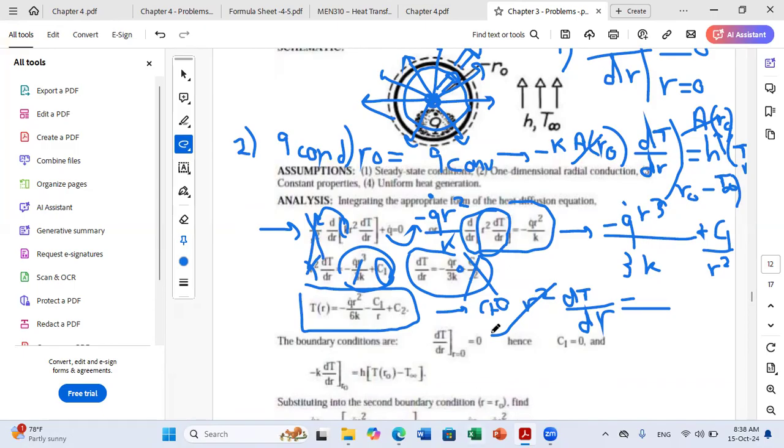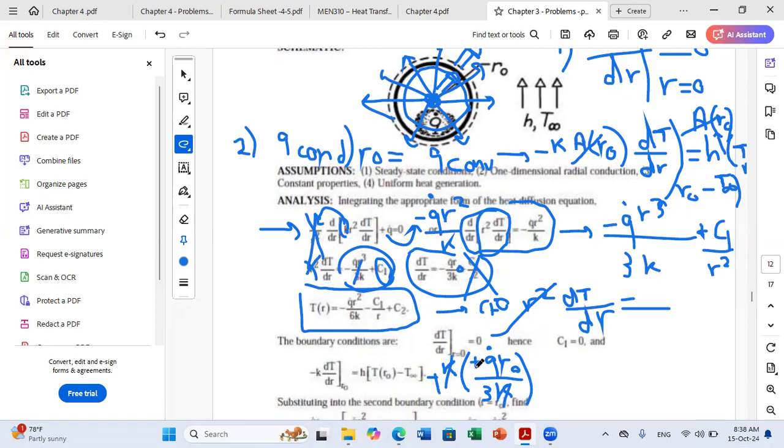Minus K times dT by dr at r equal to R0. So we replace r by R0, so it's minus q dot R0 over 3K. So K will simplify, and minus minus, so you can put plus.